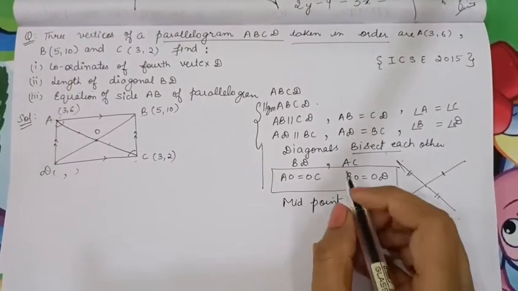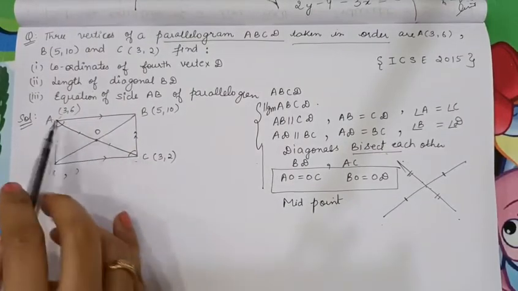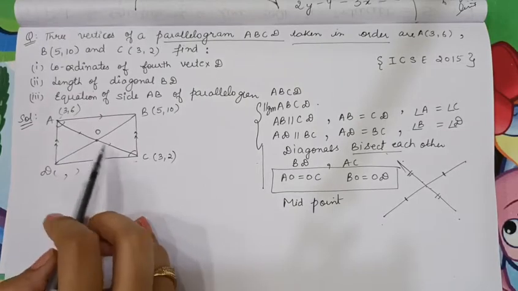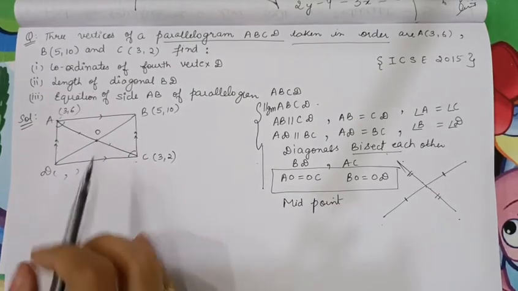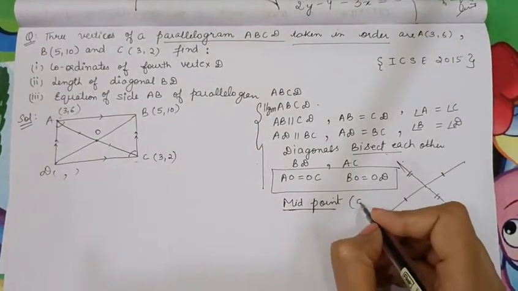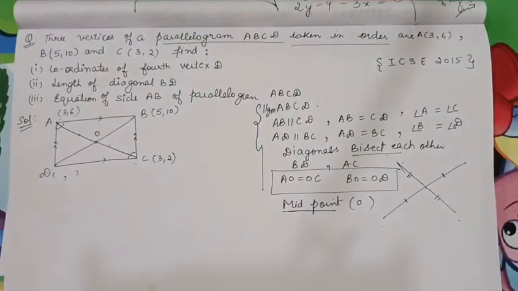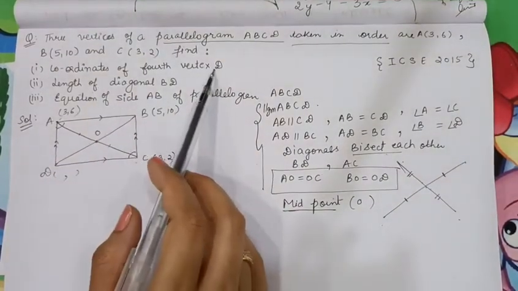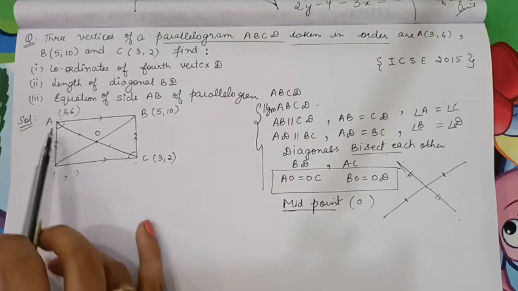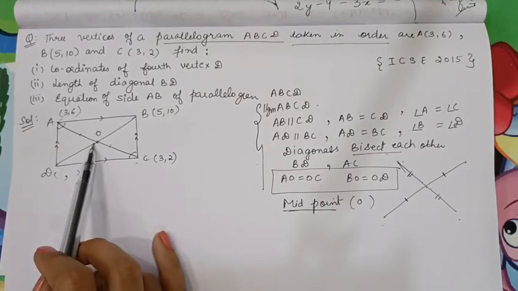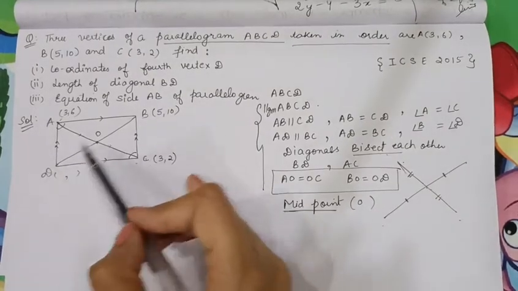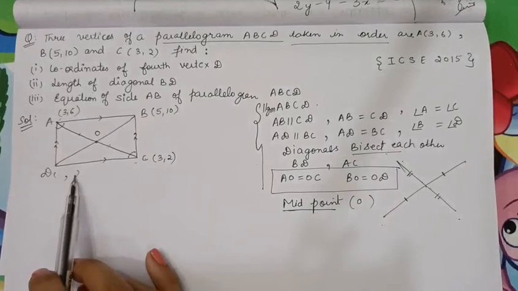If a line is getting bisected, it is getting divided into two equal parts, so AO is equal to OC, which means point O is the midpoint of this line. We have to find the coordinates of vertex D. For that, we will make use of diagonal AC. We'll find its midpoint, which is also the midpoint of BD, and then with its help we will find the coordinates of D.